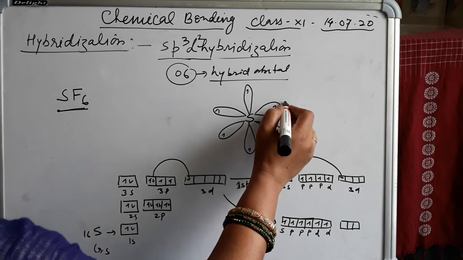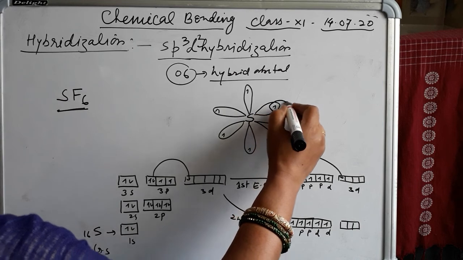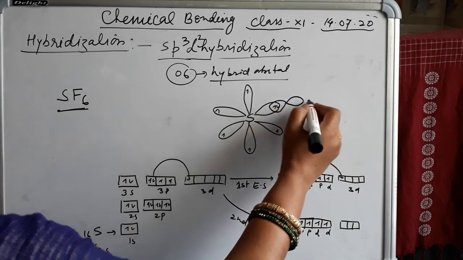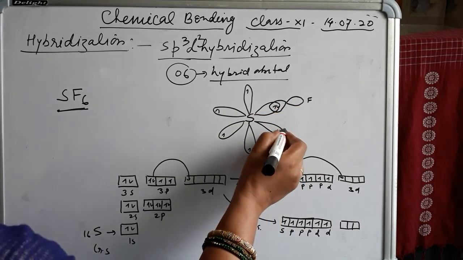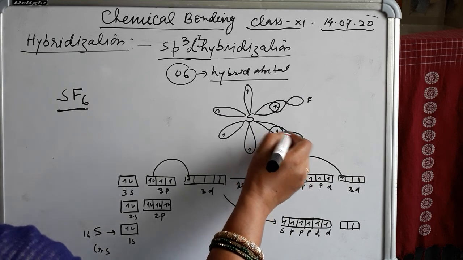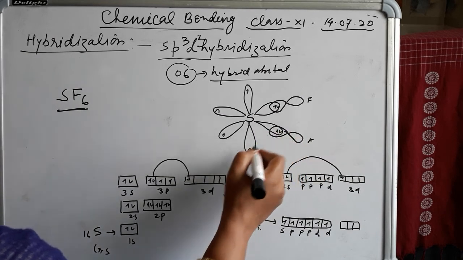So overlapping takes place like this. 1, this is fluorine, this is also fluorine.